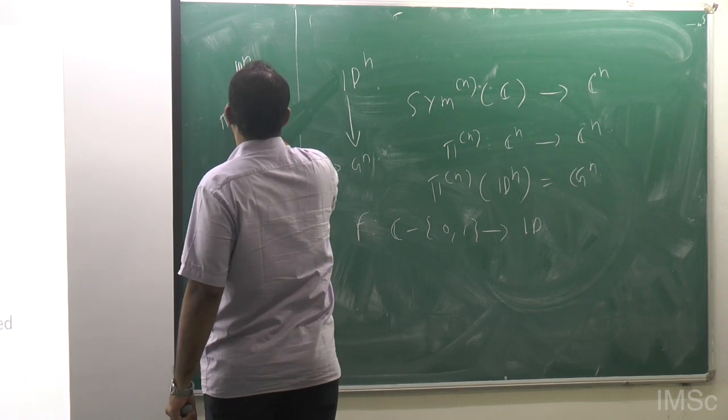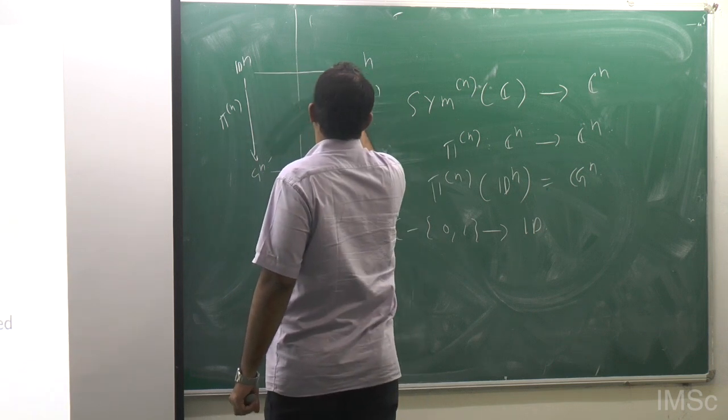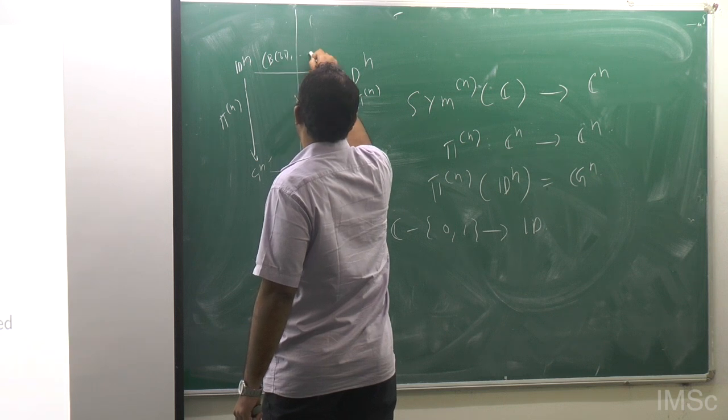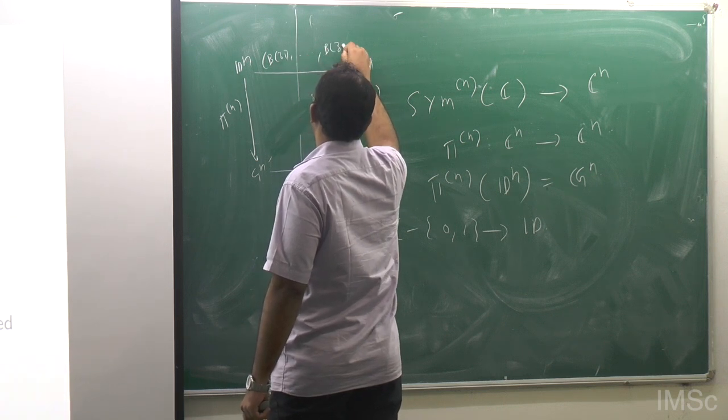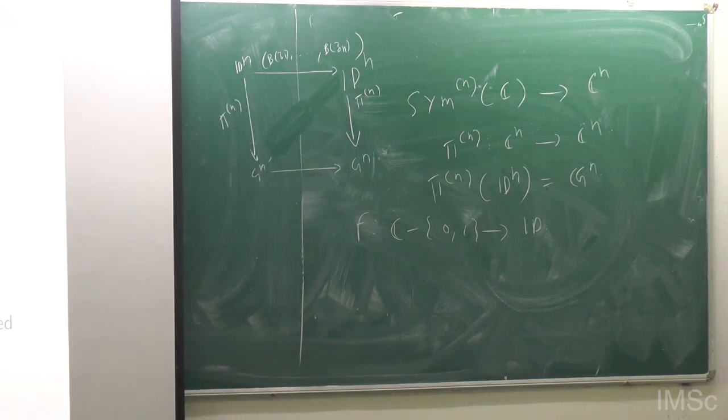You have pi n here also, you have pi n here also, and you get a mapping here which is just B(z1), ..., B(zn). So there is a distinguished Blaschke product that gives this proper map.